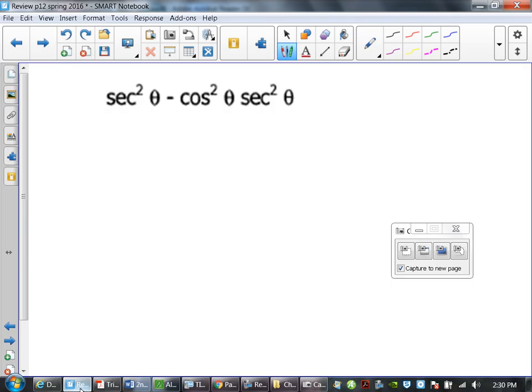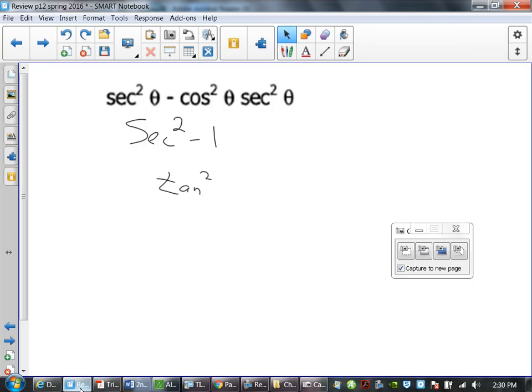That's 1. Minus 1, and what's secant squared minus 1? Tangent squared. So for multiple choice and something like that, you have like tangent squared or cosine squared. You can easily pop a bunch of different answers into this stuff.